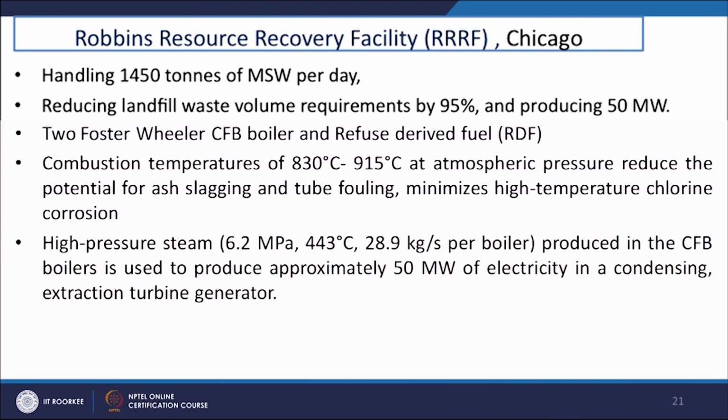So, Foster Wheeler circulating fluidized bed and refuse derived fuel are used in this plant, and combustion temperature is 830 to 915 degree centigrade and high pressure steam is produced, 6.2 megapascal at 443 degree centigrade, in the circulating fluidized bed boilers, and is used to produce approximately 50 megawatt of electricity.